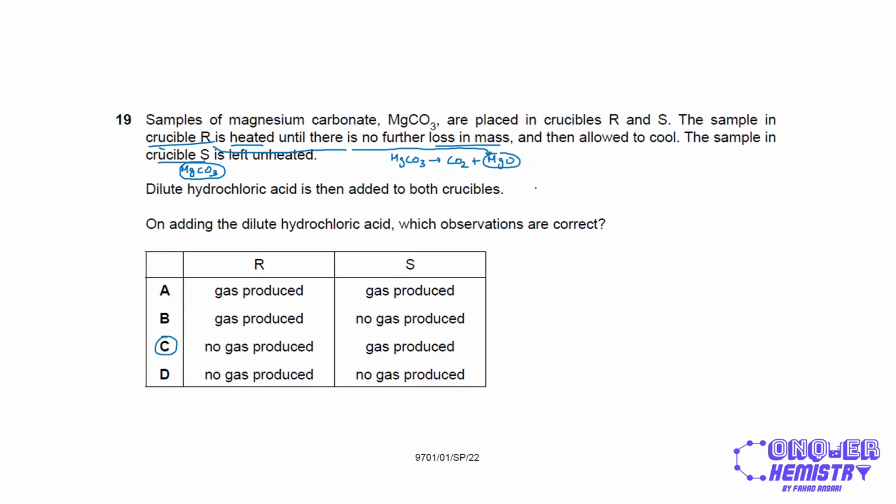Because in crucible R, you have just MgO reacting with HCl, and this is going to give you MgCl2, which is a salt, and water, so no gas is produced here in crucible R, but in crucible S, you have MgCO3 that was untouched, reacted with HCl. This is going to give you MgCl2 and H2O and CO2. And this is the gas that is produced.